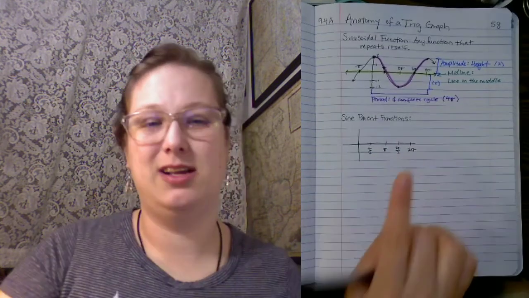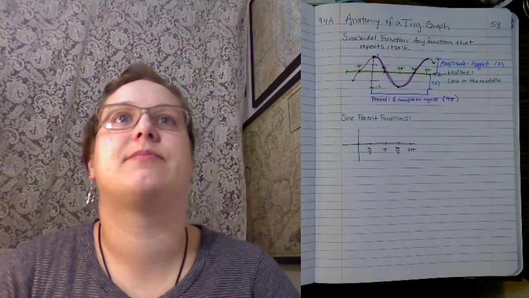And then this one's 3 pi over 2, because pi over 2, 2 pi over 2, 3 pi over 2, 4 pi over 2, but we simplify them. And then it goes up to a height of 1, and the bottom is negative 1. So we go up to 1, down to pi, bottom at 3 pi over 2, and back again at 2 pi.